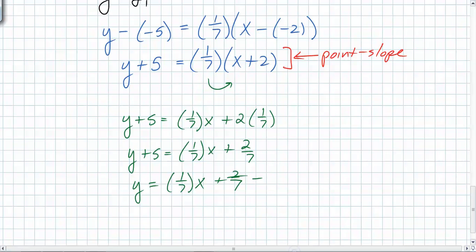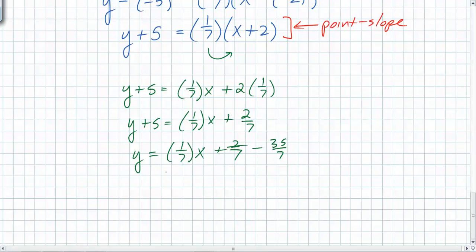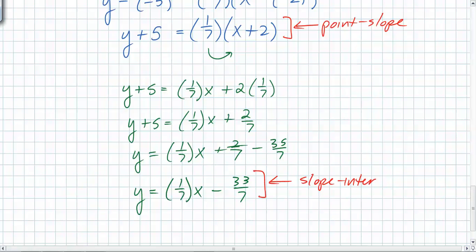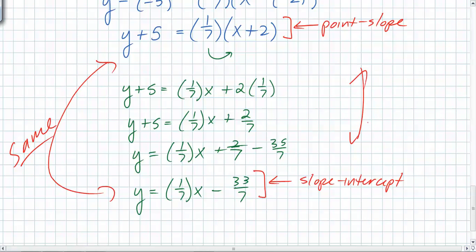Well, there are 35 of them, so it's 35 over 7. So we end up with y is equal to 1/7 x minus 33 over 7. And this right here is the slope-intercept form of the same line. It's important to note that these two equations are the same. They're just written in different forms.